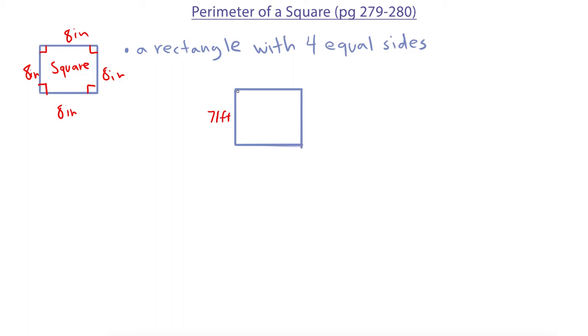If this side is 71 feet and they tell me that this is a square, then I can automatically assume that all these other sides that I'm not sure what they equal, if I just know what the length of one side is, I can automatically assume that the other sides are also the same length. In this case, they're also 71 feet. Okay, 71 feet and 71 feet. All right, yeah, because that's what a square is, right? All the sides are the same length.